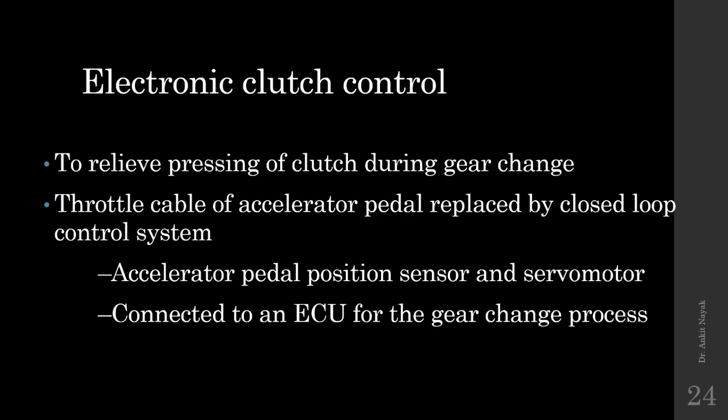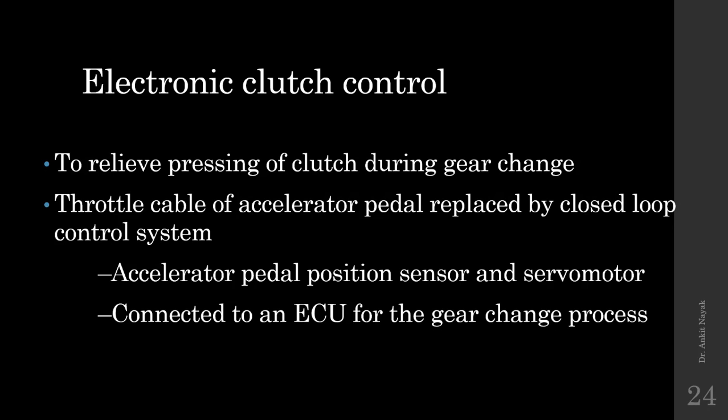Electronic clutch control to relieve pressing of the clutch during gear change. The throttle cable of the accelerator pedal is replaced by a closed loop control system. The accelerator pedal position sensor and servo motor are connected to an electronic control unit for the gear change process.